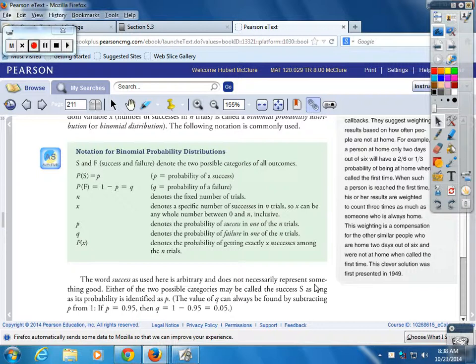N is always your biggest number. If there's 30 people in the class, N is equal to 30. So you're going to add up numbers to get N. X denotes the specific number of trials in N trials. I'll get to that when we do the first problem. It makes more sense when I show it to you in an example.